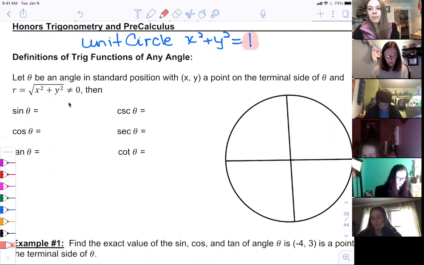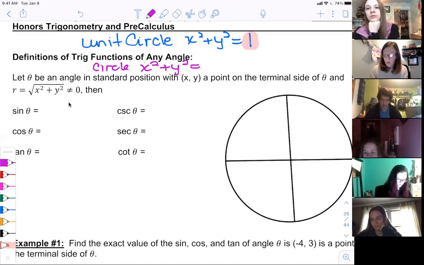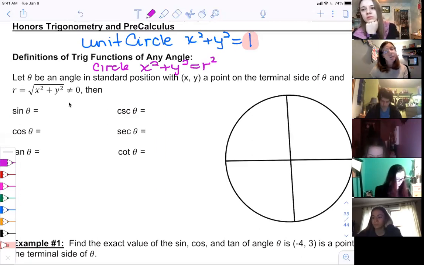But we know that there are other circles that will not have a radius of 1. And that's what we're going to look at for the definition of trig functions. So now any circle has the formula x squared plus y squared equals r squared. So that r squared, the number on the right side, represents the radius.